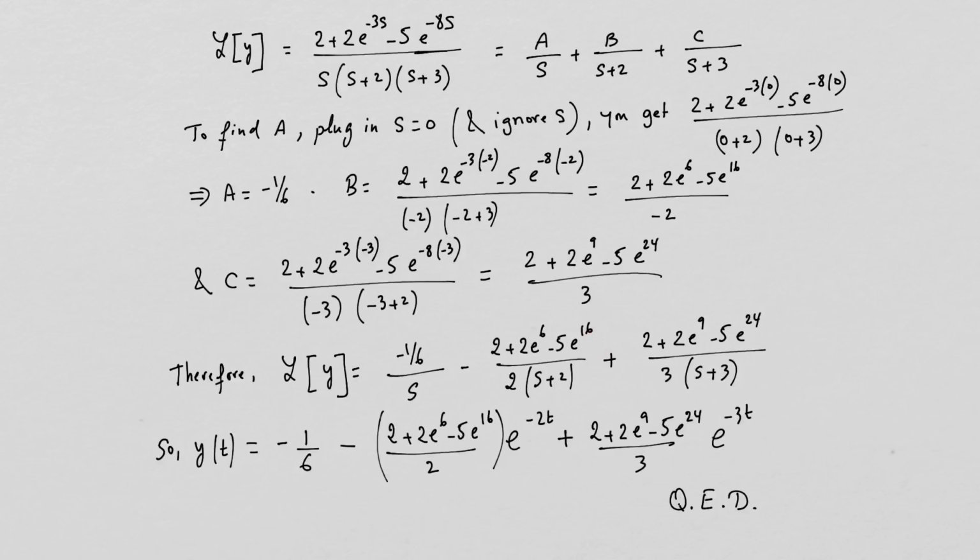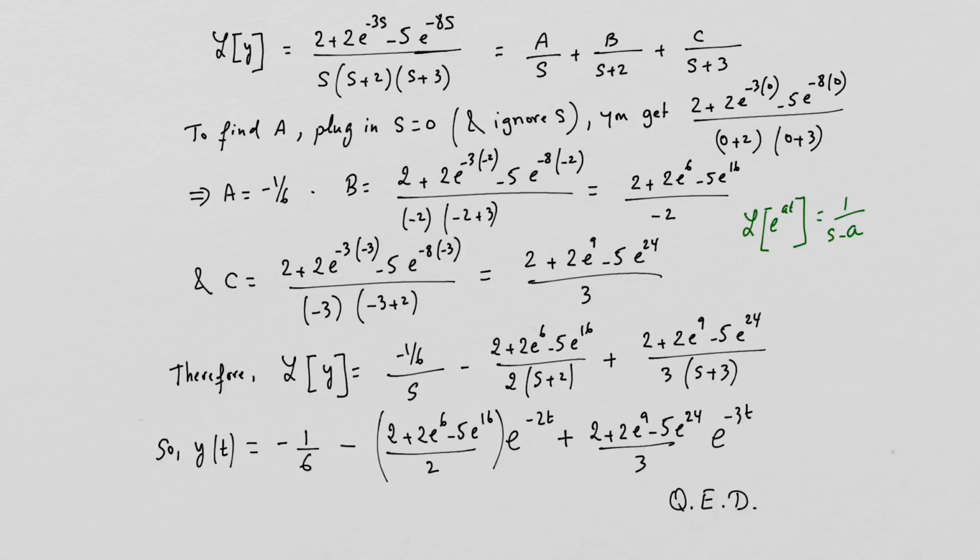So you end up with 1 over s plus 2. And inverse Laplace of 1 over s plus 2 is e to the negative 2t, right? Let me see if I can remember. We had Laplace of e to the at is 1 over s minus a. Isn't that true?